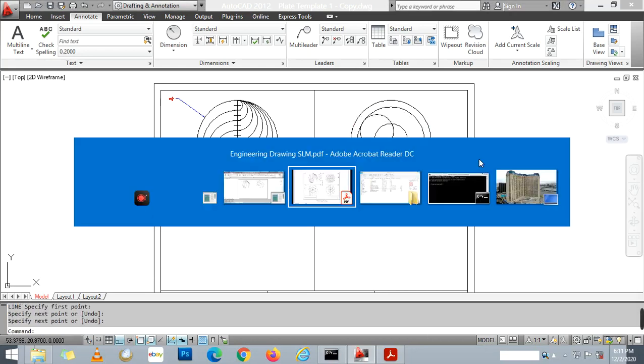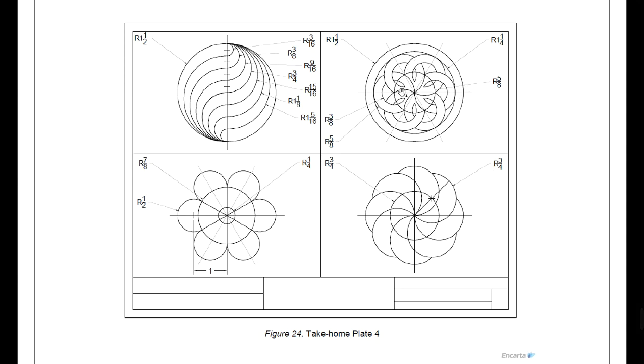you need to divide this 360 degrees into 1, 2, 3, 4, 5, 6. So 360 divided by 6 is equal to 60. So you just measure 60 degrees angle using your protractor.